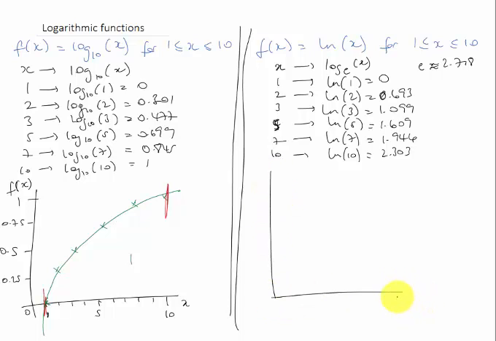So you'll see the scales we need to use are different. So our x still goes up to 10. But here we only need to go up to 3. Right, so if we start drawing these on the graph, something like that.